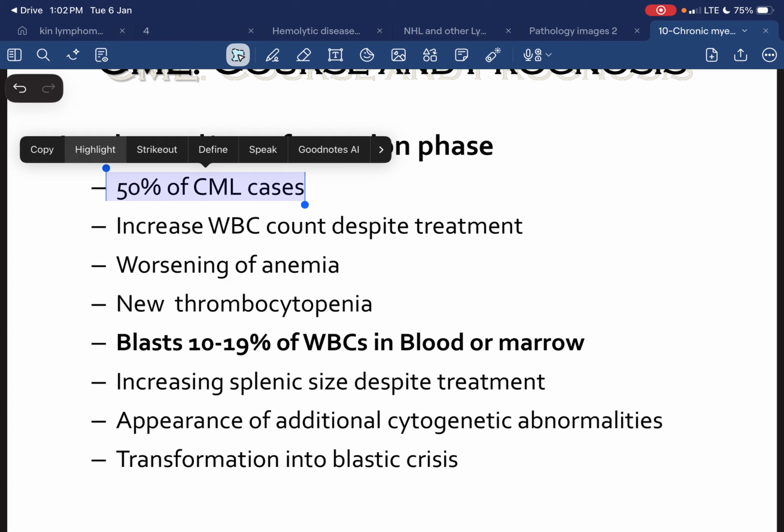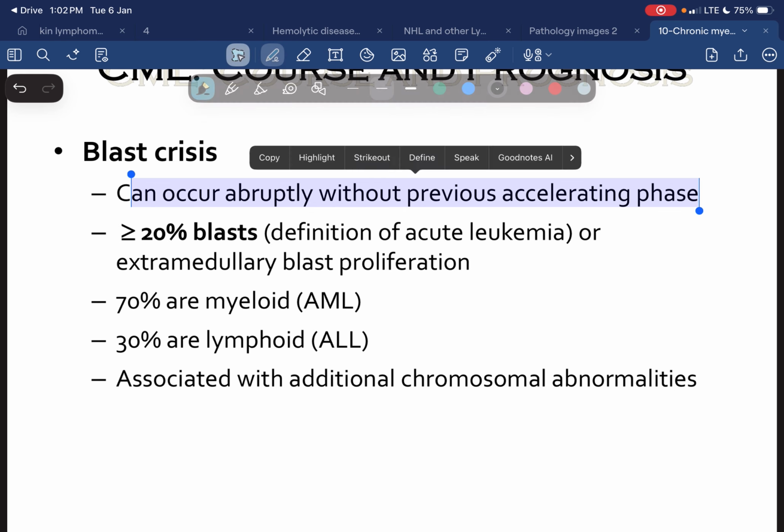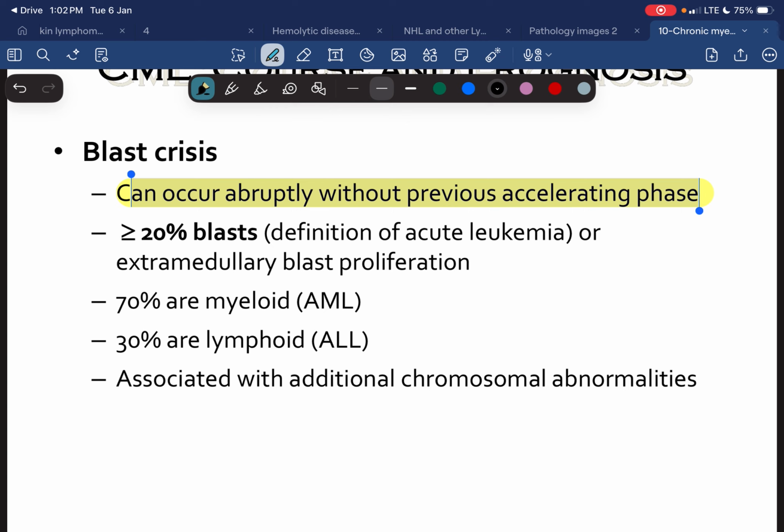Okay? So you can have blasts more than 20. And this transformation, of course, is associated with what? With worse prognosis and is related to acquiring a new mutation.